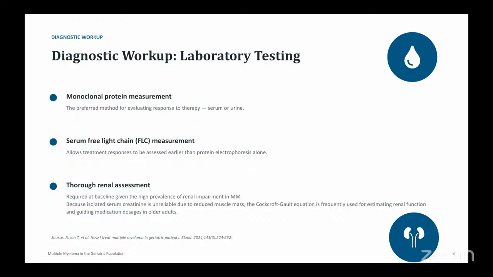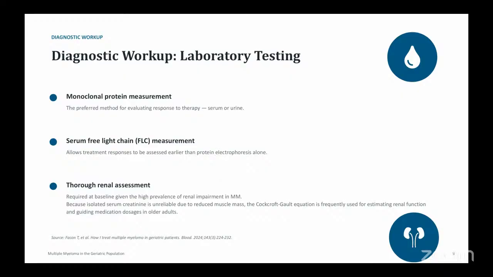And then after that, the serum free light chain measurement, again before and after, so that we can have a baseline and see the response to treatment. It allows treatment responses to be assessed earlier than protein electrophoresis alone. And then finally, it's very important that we have a thorough renal assessment, getting a baseline, because there's a very high prevalence of renal impairment in multiple myeloma.